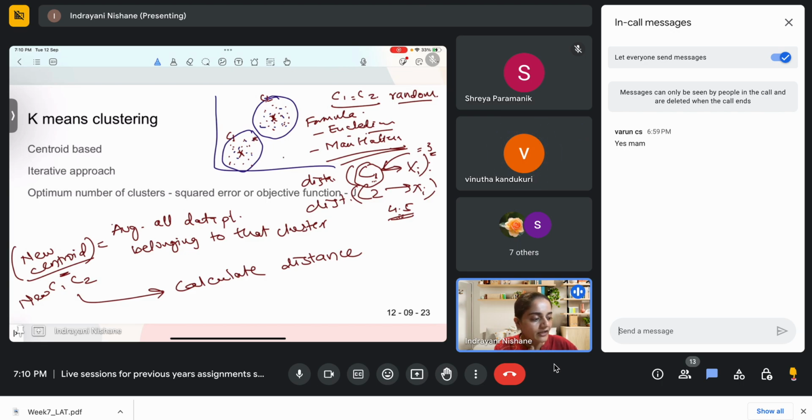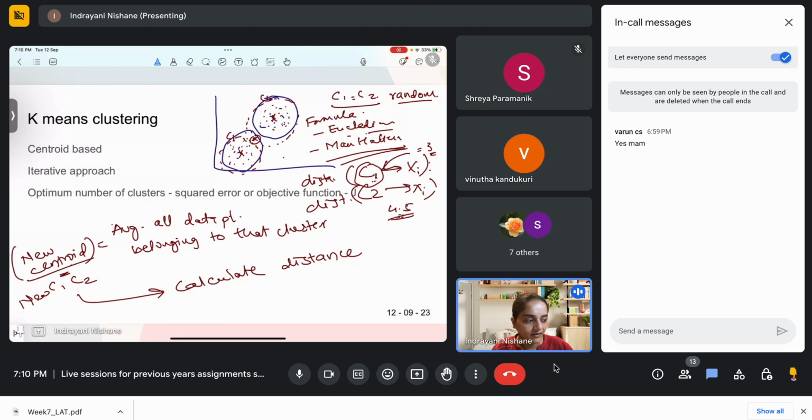If this particular data point here is closest to C2 instead of C1, then in the second iteration it will go into the second cluster. Now we need to recompute the centroid values. We will find the average of all the new members of the first cluster and of the second cluster, and the new centroids will be calculated, new C1 and C2.